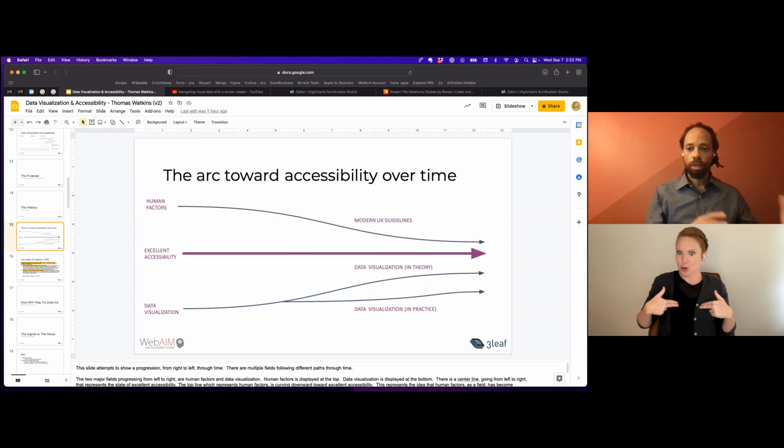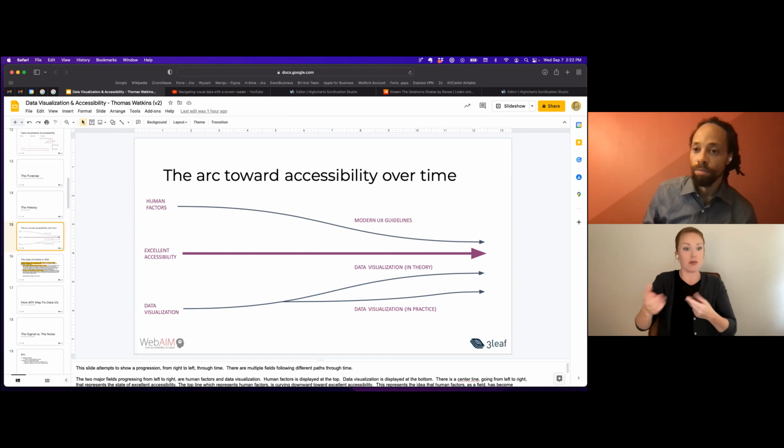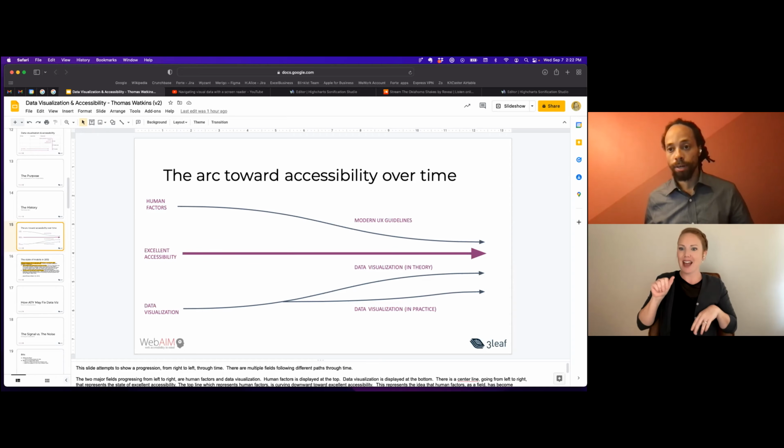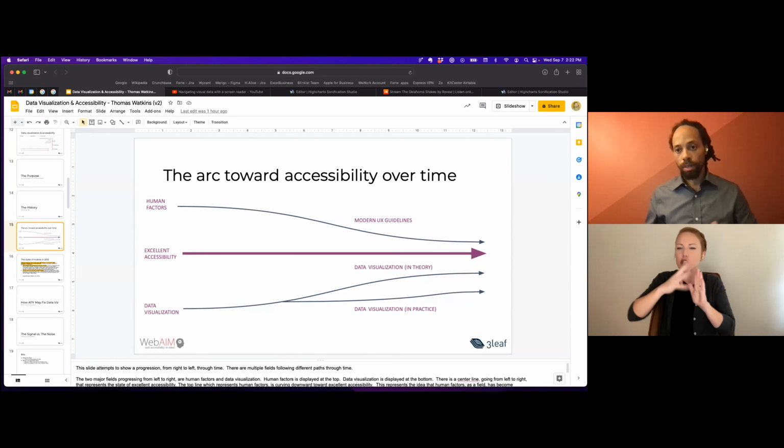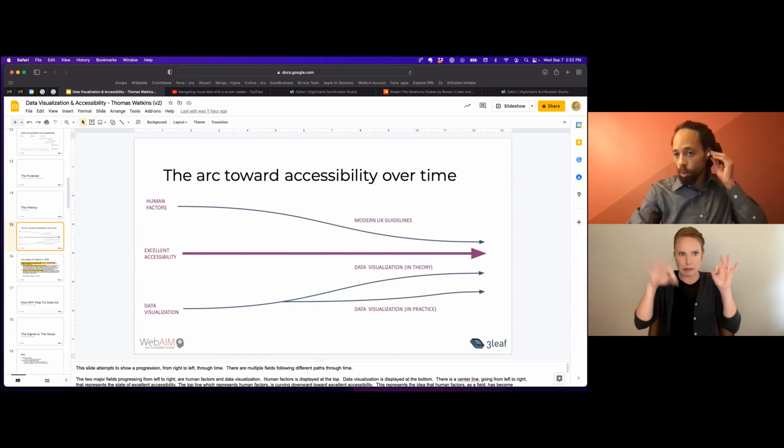Data visualization, of course, comes from statisticians inventing ways to visualize data, and over time, inventing different types of charts, graphs, and data plotting techniques in order to bring these ideas into a format where we can take advantage of them visually.